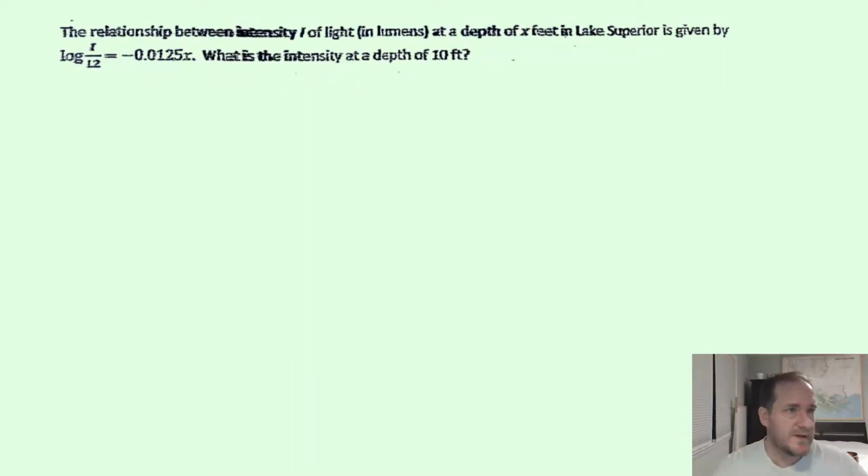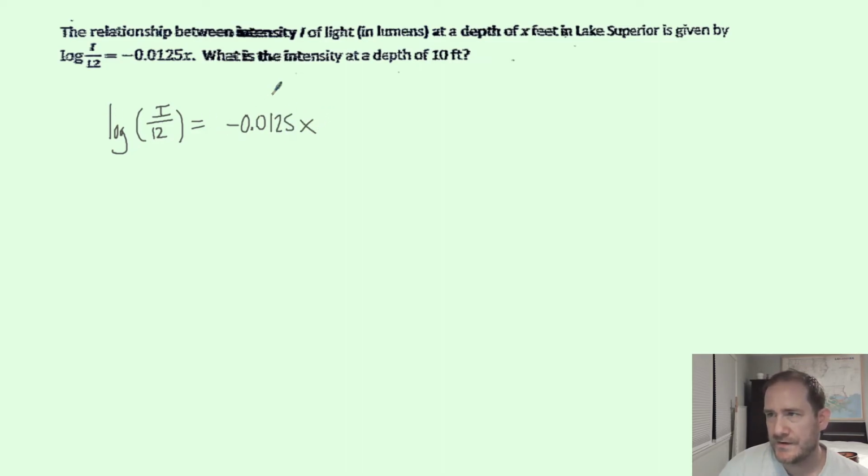This one says, the relationship between intensity I of light in lumens at a depth of x feet in Lake Superior is given by log of I over 12 equals negative 0.0125x. So this is the equation for light intensity in Lake Superior. It just is.